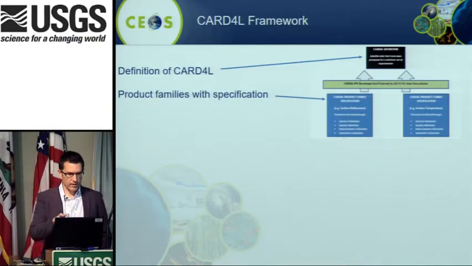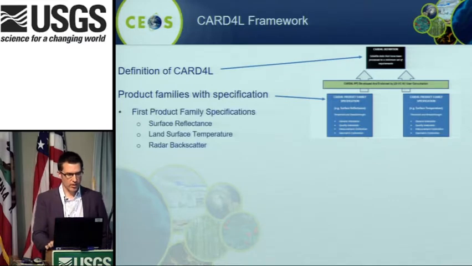So, going into a bit more detail, the definition of CARD4L, as we've just seen, was then broken down, and a number of specifications were developed for product families. Up until now, the first product family specifications that have been defined are for surface reflectance, land surface temperature, and radar backscatter. These are not entirely finalized as yet.